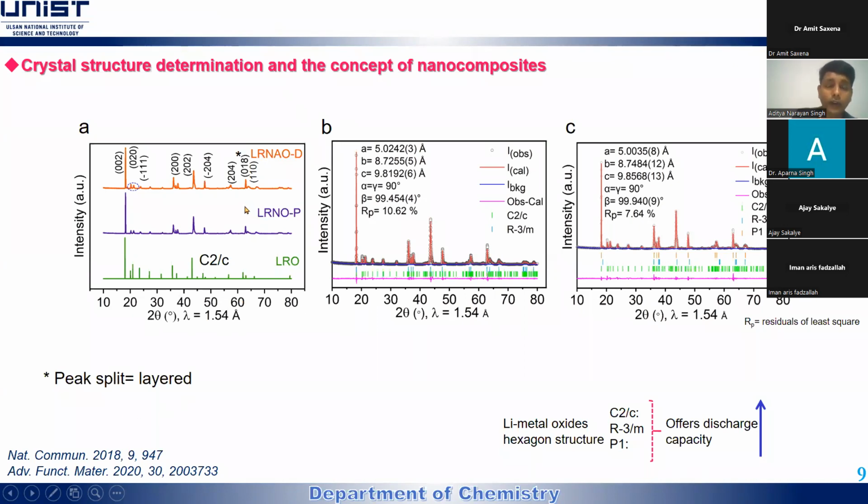But what information could we extract from the lithium-ion battery XRD profile? There is a peak around 63 degrees. This is a major peak which confirms whether your material is layered, disordered, or any other type. If the peak splits around 63 degrees, like 018 or 110, it is a layered material. If it is merged, it is a disordered material, just for information.